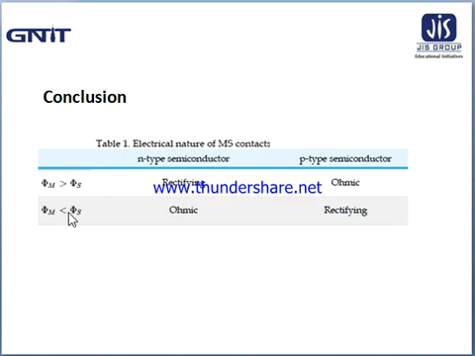And in case of phi m less than phi s, for metal and N type semiconductor, it will be an ohmic contact, and for metal and P type semiconductor, it will be a rectifying contact.